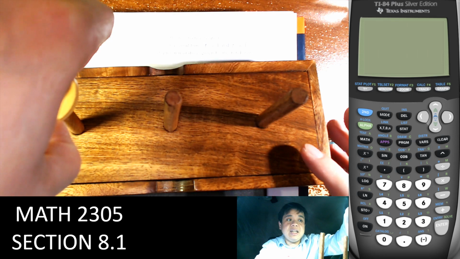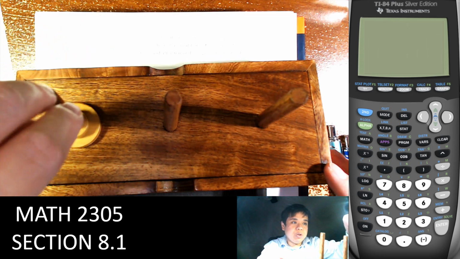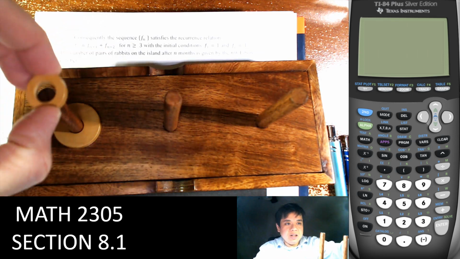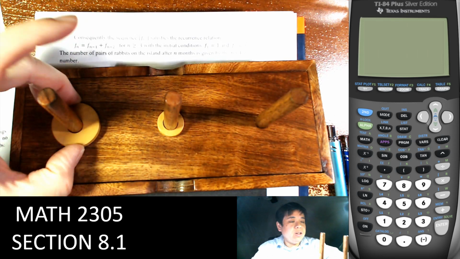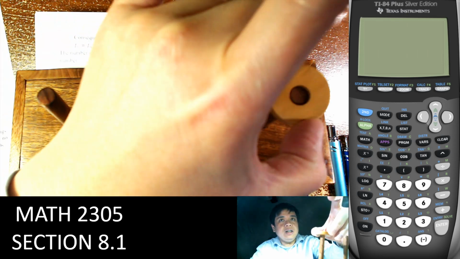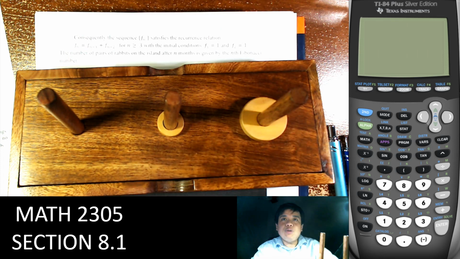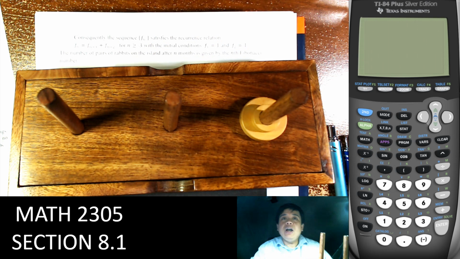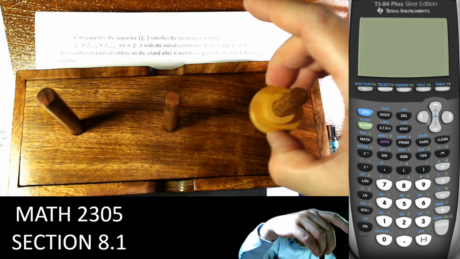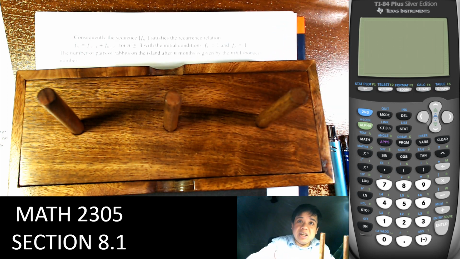So we start by moving this to the middle, that is move 1, then that is move 2, and that is move 3. So in general, it can be shown that it takes 2^n minus 1 steps to move n discs satisfying this rule.